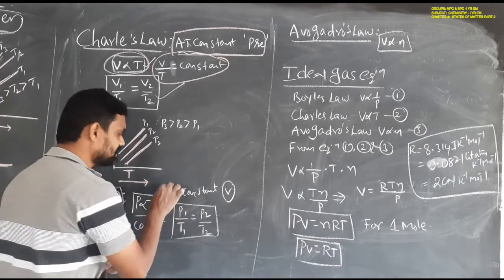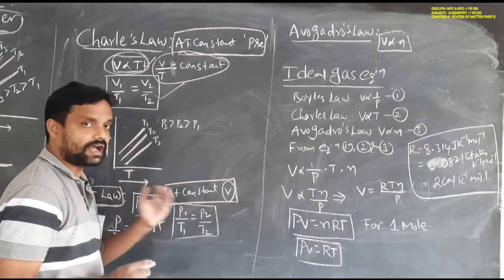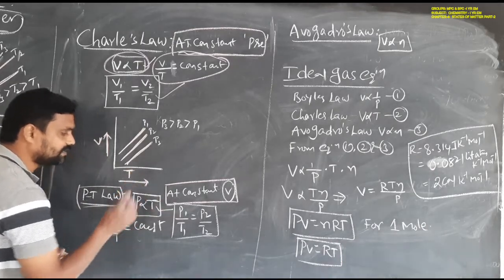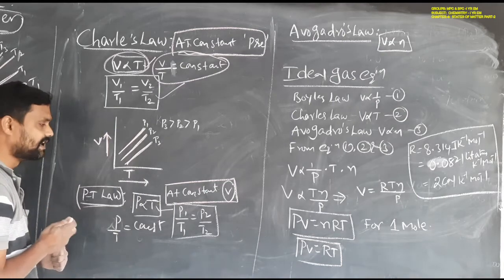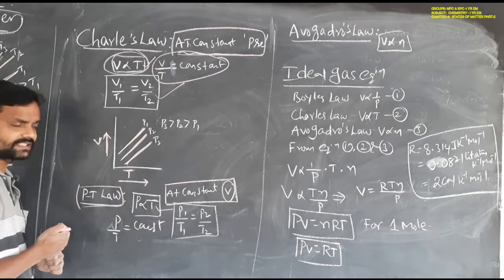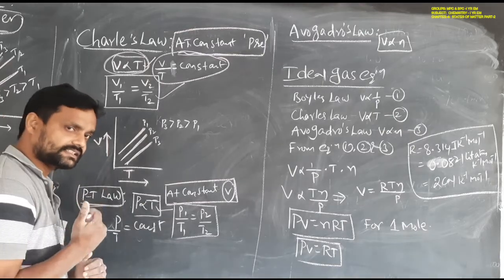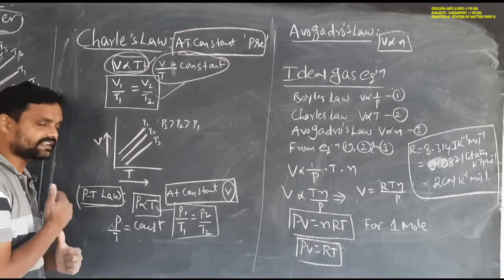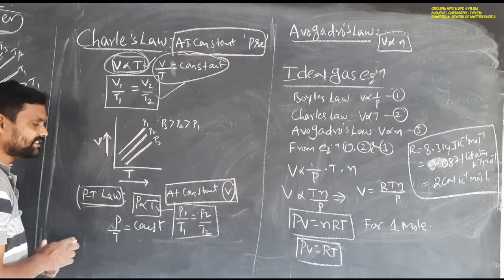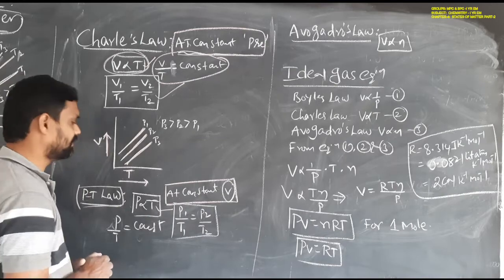At constant volume, the pressure of the gas is directly proportional to the absolute temperature. That is called Charles second law.